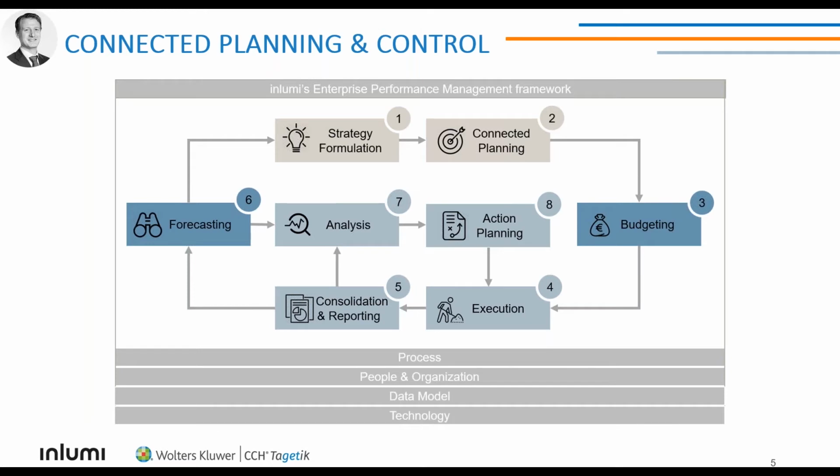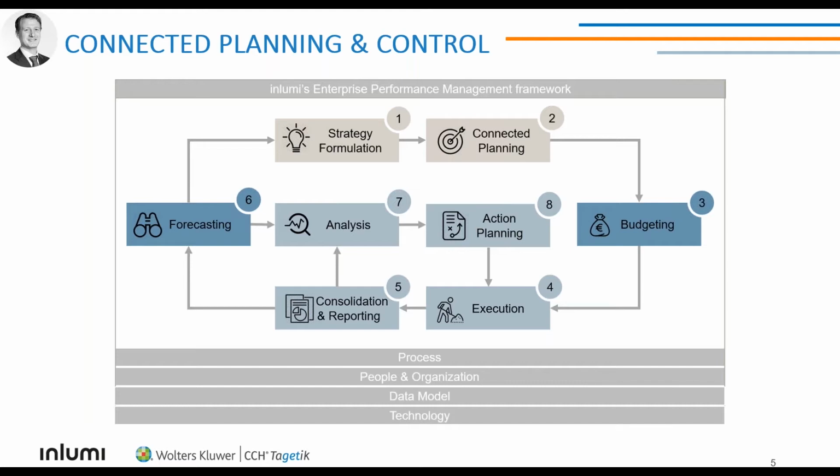And one of the things that we take as a starting point when we look at EPM is that we think from a planning and control vision. So why do you use technology? That is to improve the steering of the company, and the technology that you use should really strengthen the planning and control cycle.